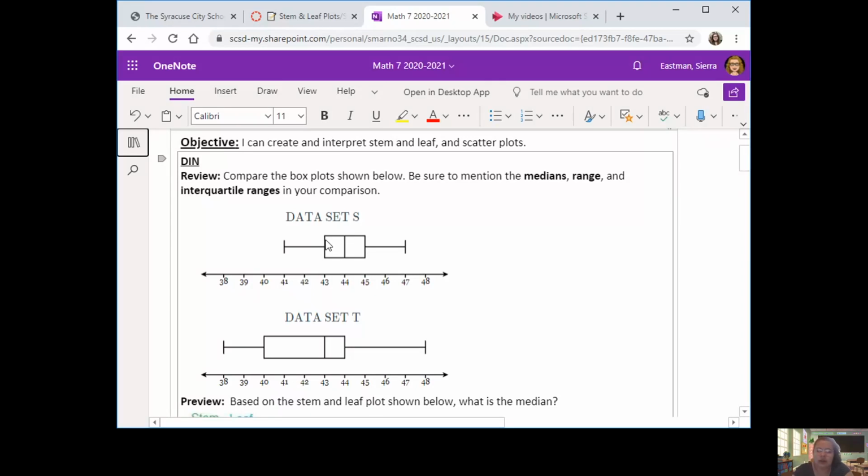So you're looking at our first quartile and our third quartile and comparing the size of that box. And so again, dataset T has the larger interquartile range, just like it did with the regular range, okay? Any of those statements can be written here for your answer, comparing what we see on those two box plots.